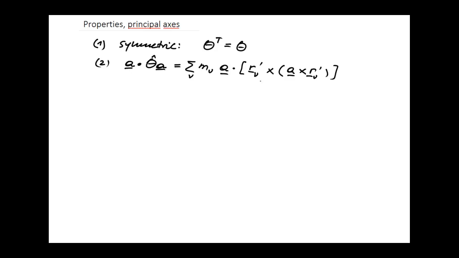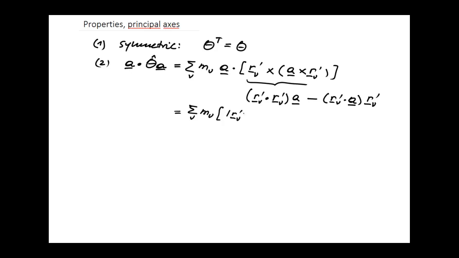Again, we have this double vector product, which we can write as r nu prime scalar product r nu prime times a, minus scalar product r nu prime with a times r nu prime. Now we have to take the scalar product with a, and this gives r nu prime dot r nu prime, that's nothing but r nu prime, absolute value squared.